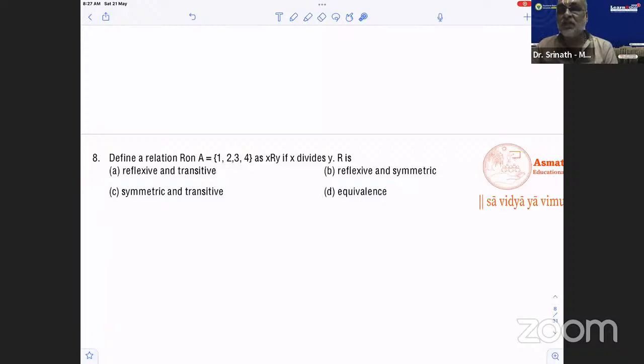So it is not symmetric. However, please observe 1 divides 2 and 2 divides 4 and 1 divides 4 also. So it is transitive. It is reflexive and transitive. So the answer is option A.